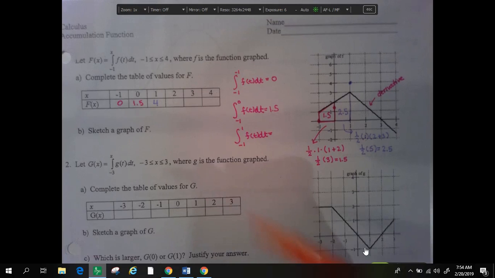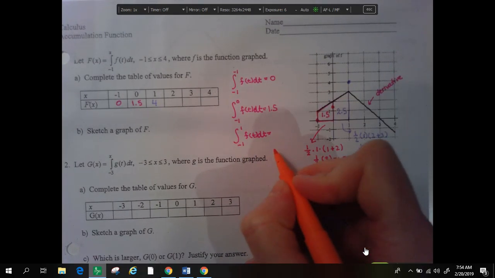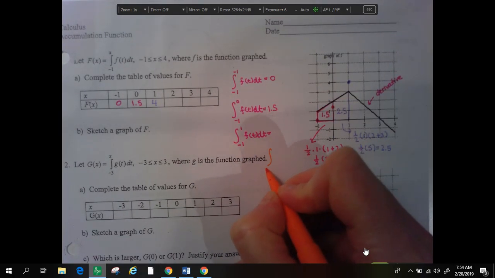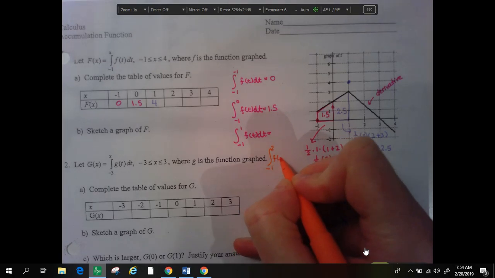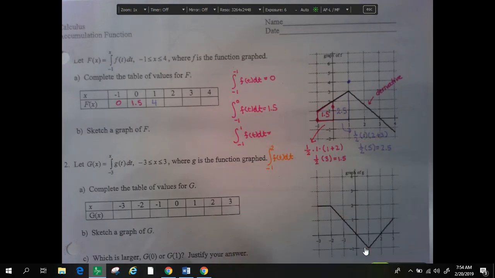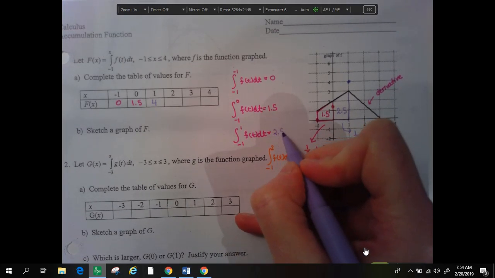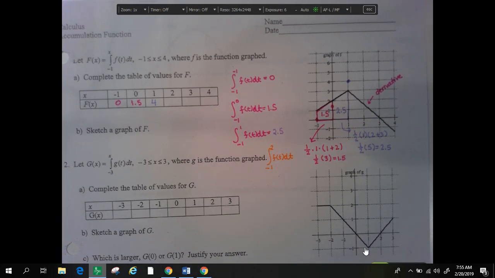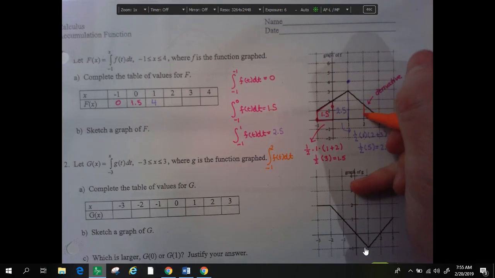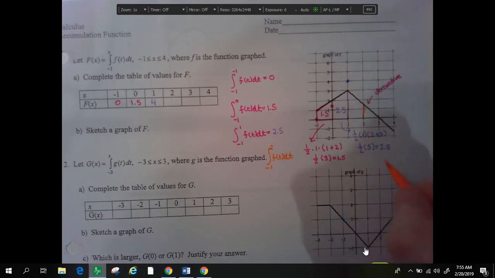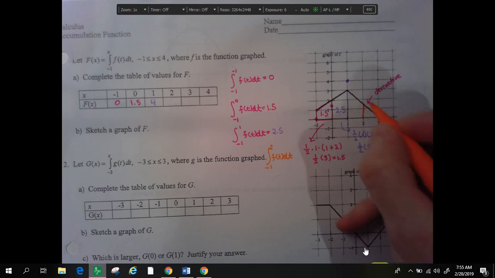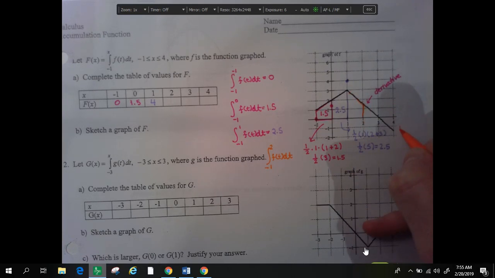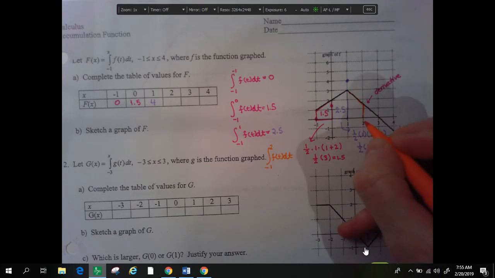All right, next, F of 2. So we're going to integrate from -1 to 2 of f of t dt. Oh, I forgot to jot my answer in here. Hey, look, another trapezoid. No worries. That one again, 1/2, height is 1, looks like we're at 3 plus 2.5.